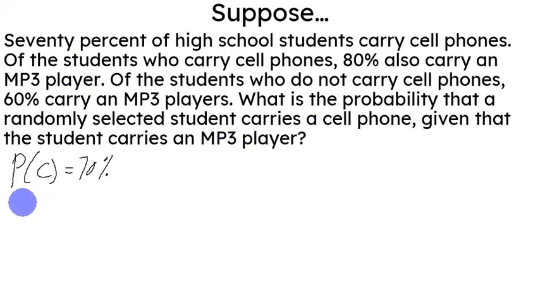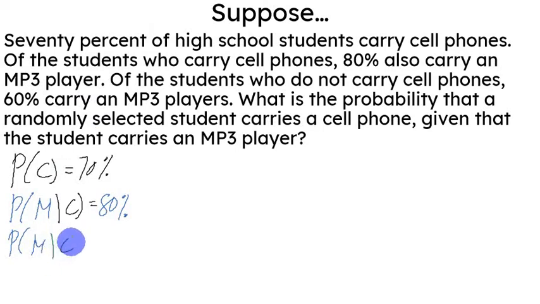So the probability of a student having an MP3 player, given that the student carries a phone, is 80%. Of the students who do not carry cell phones, 60% carry an MP3 player. So the probability of a student having an MP3 player, provided that the student is not carrying a cell phone, is 60%.